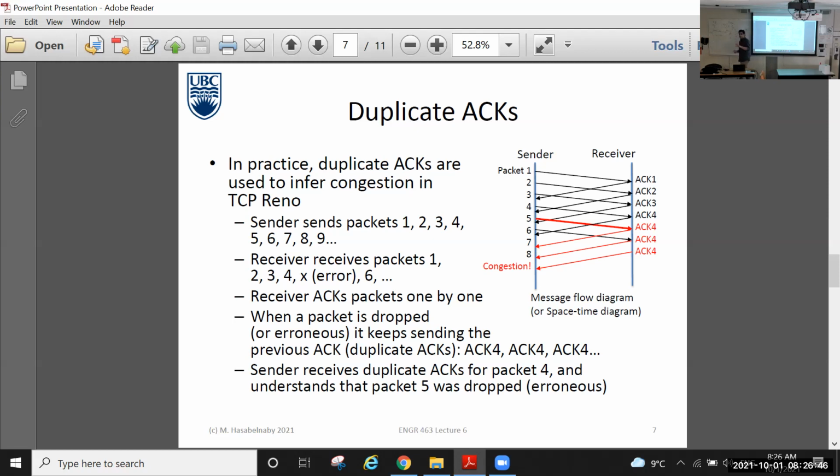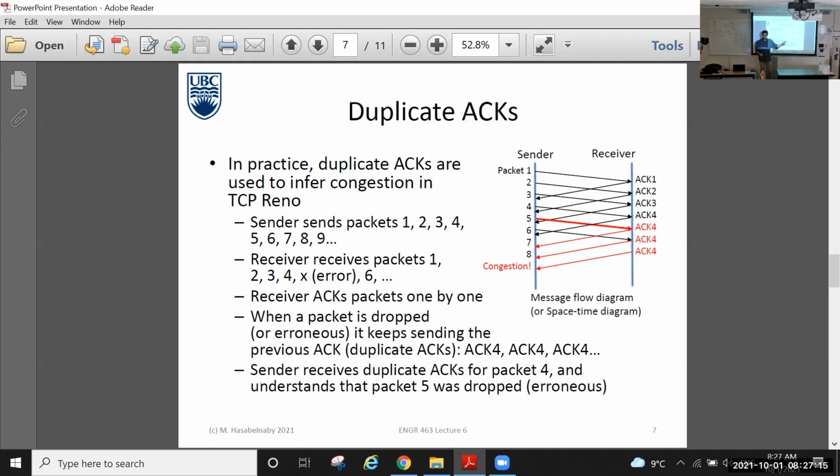In this example, sorry, there is a problem in packet 5. So the receiver will reply with acknowledge 1, acknowledge 2, acknowledge 3, acknowledge 4. And we have a problem in packet 5.